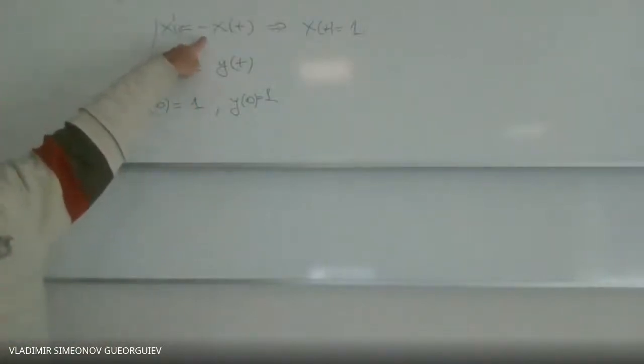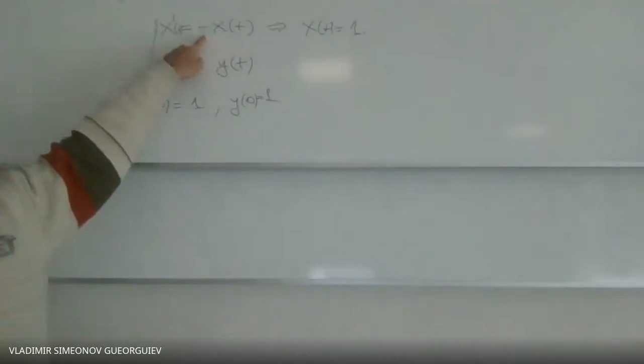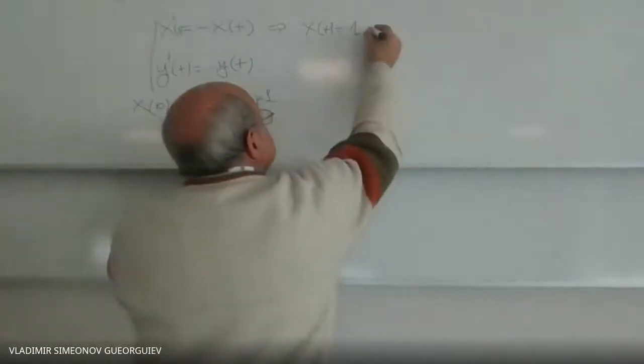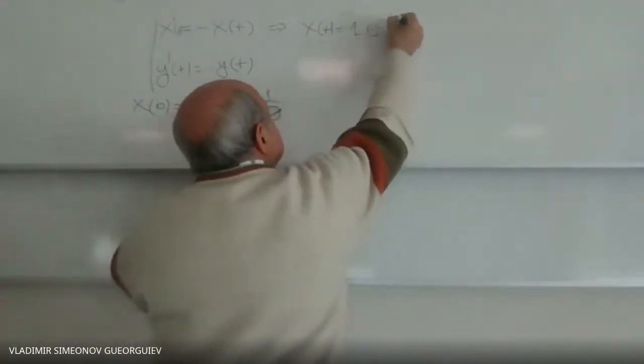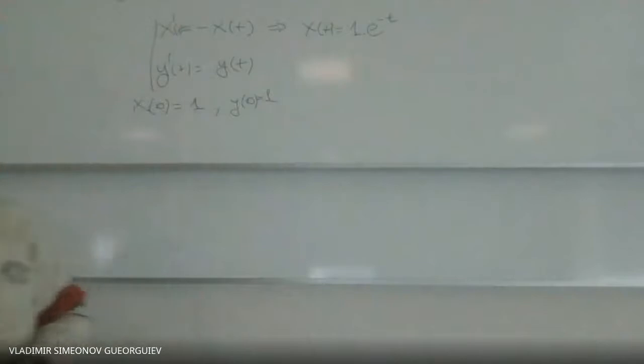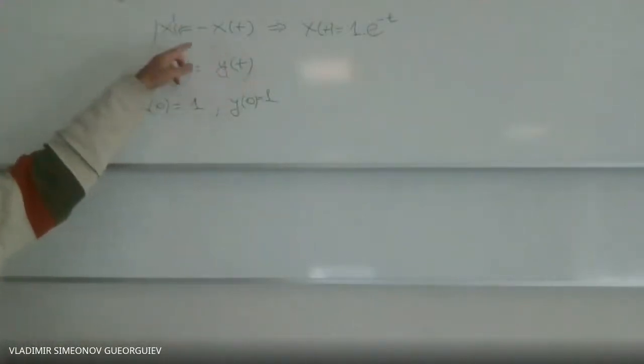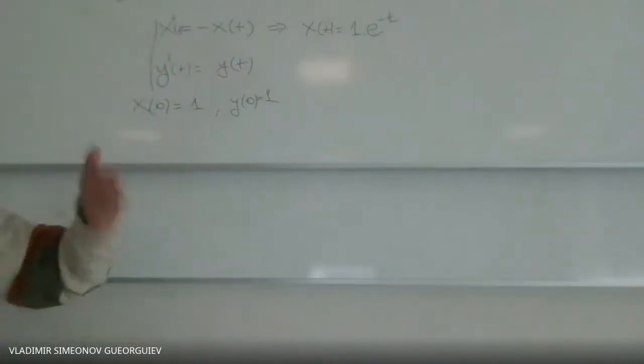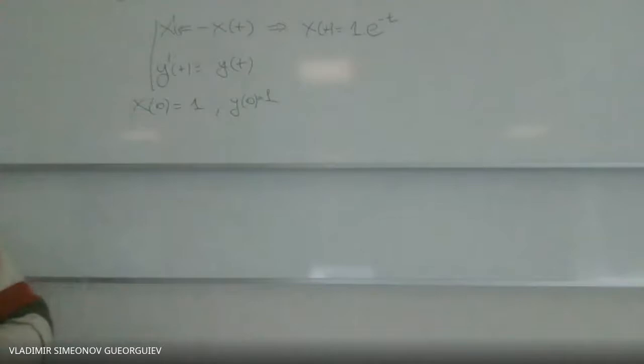Since here we have a minus sign, we have e to the power minus t because of this sign. Therefore, the exact solution is e to the power minus t. At the beginning of our course, we dealt with such equations. They are with separated variables, so I skip the solution and write you directly the solution.